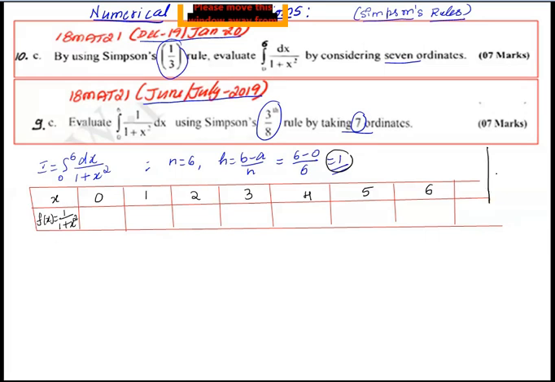We can use the calculator effectively by using this symbol. The numerator value is 1 and the denominator you can type as 1 plus answer square, and store your answer as 0 for the first term, so that you will get 1 divided by 1 plus 0 square, that is 1. Similarly, 1 divided by 1 plus 1 square, that is 1 by 2, so that you will get 0.5. Okay.